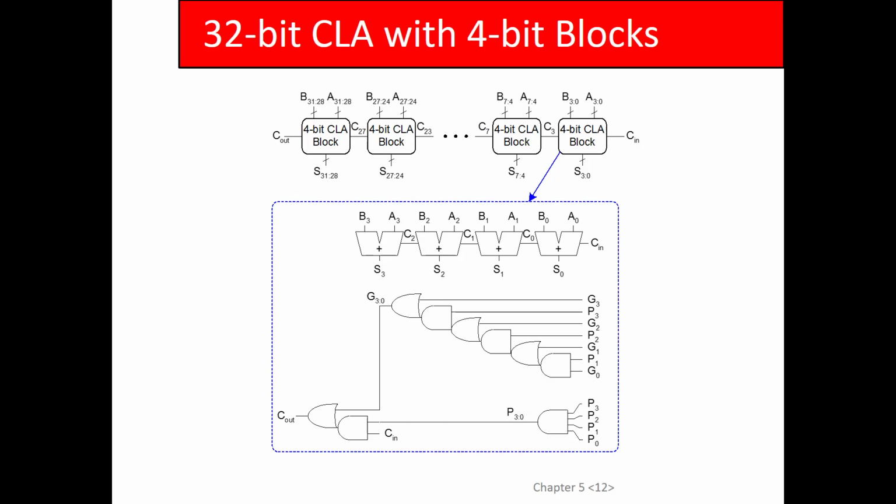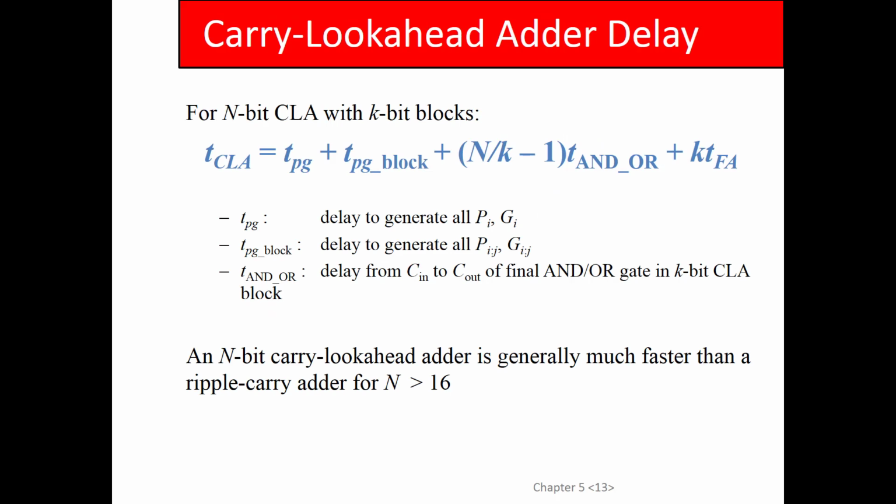So what that means is the delay for this circuit is the number of bits, n, divided by k, which is the block size that you chose, which was 4 for that example. So it's still kind of a ripple carry adder, but you only have to ripple 8 hops, right? So it's 32 divided by 4. Well, minus 1. 32 divided by 4, so 7 hops.